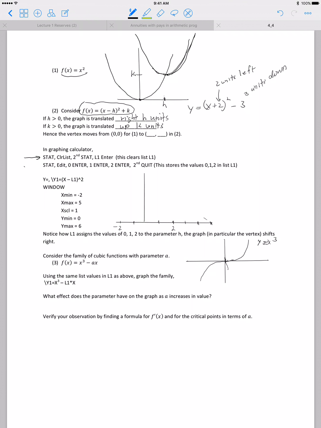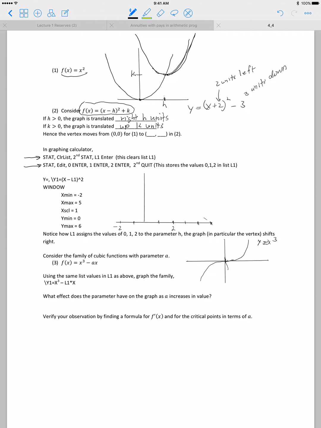Now hit the Stat key, and then select Edit, and you'll see the 3 lists in the screen of your graphing calculator. It automatically places the cursor in list 1. So type 0, enter, 1, enter, 2, enter, and this stores the values 0, 1, and 2 in list 1.